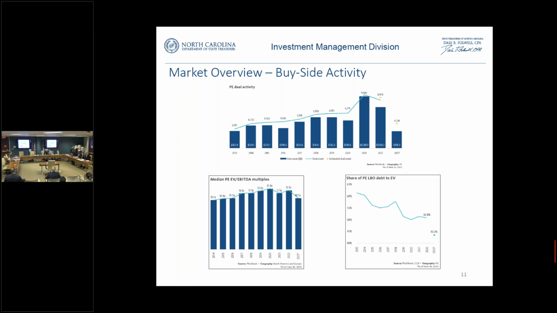Dry powder at the end of 22, that means the amount of capital available to be invested, still was a substantial number, second highest, $850 billion, slightly down from 21. But again, that's a lot of money looking for a home to be invested in.